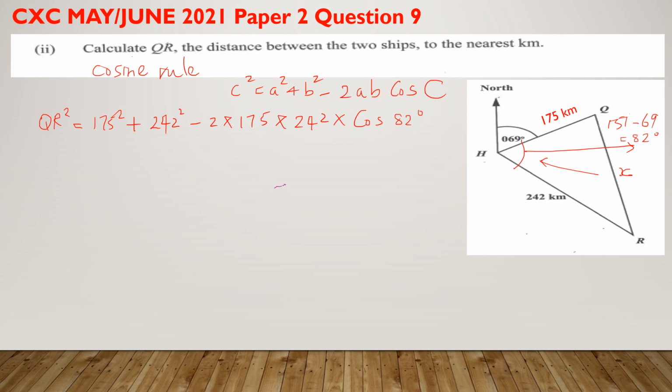Okay, let's just fix here. This is squared, multiply, multiply.